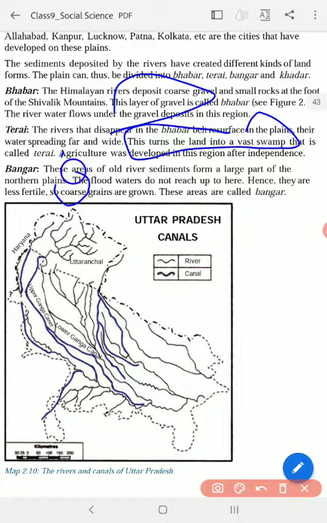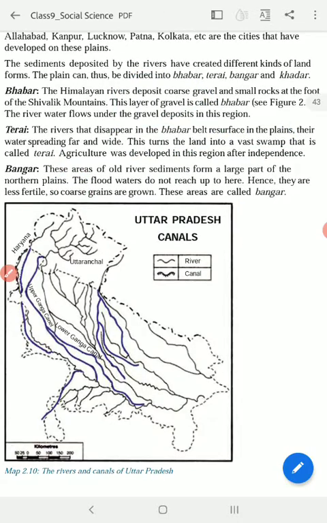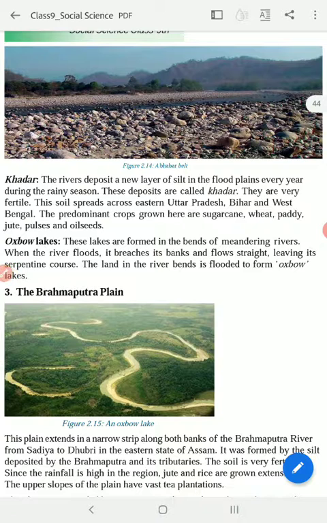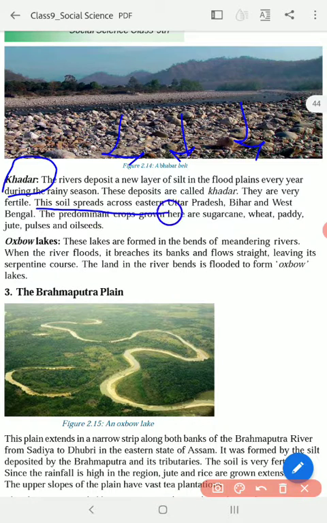From here the river comes to Bangar, where mostly we have small stones, and therefore it is not really fit for agriculture. Then the river slowly forms the landform called Khadar, where we have so much rain, and a bit of fertile land formed by the river. The soil spreads across UP, Bihar, West Bengal, and here we have very important crops like sugarcane, wheat, paddy, jute, pulses and so on.